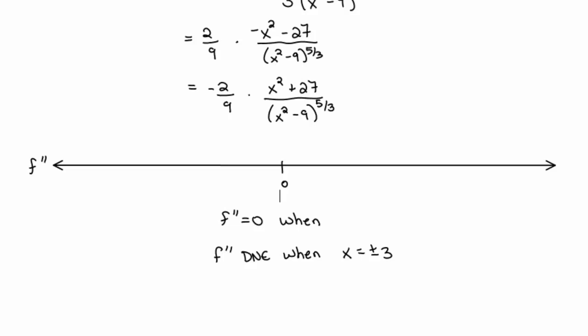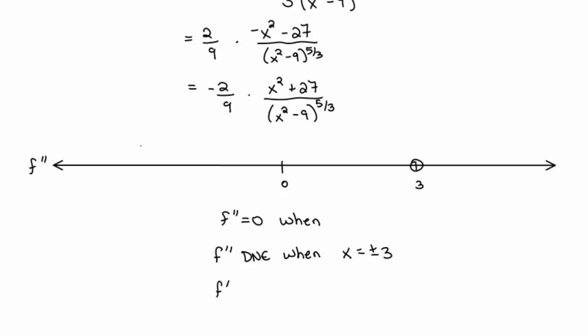But I'm marking it there nonetheless, because I'm just saying to myself, listen, I'm only concerned about the right-hand side. And I know that at x equals 3, the second derivative is non-existent. And so I'm going to test a point between 0 and 3, and again, beyond 3.